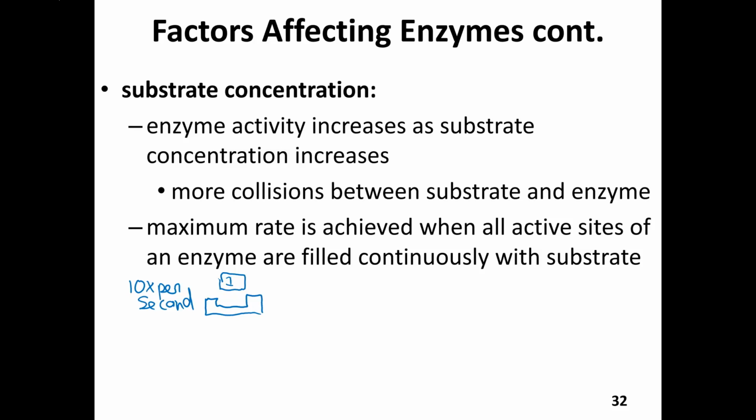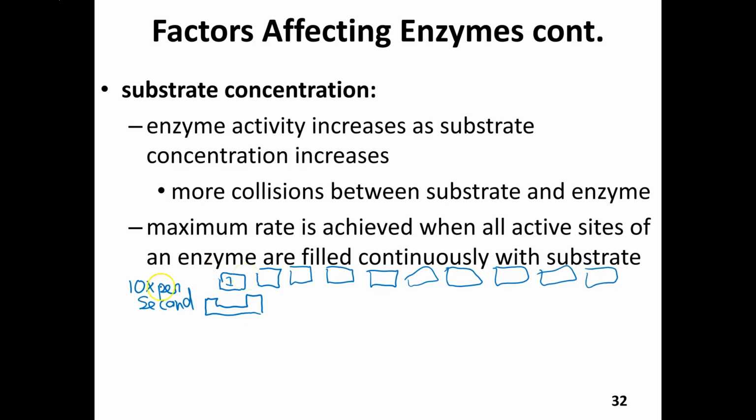Make sense? So the more substrates you have, the more product you can have at any given time. So it's going to increase activity. If you have 10 substrates, 1, 2, 3, 4, 5, 6, 7, 8. I realize my substrates are not very neat, but whatever.